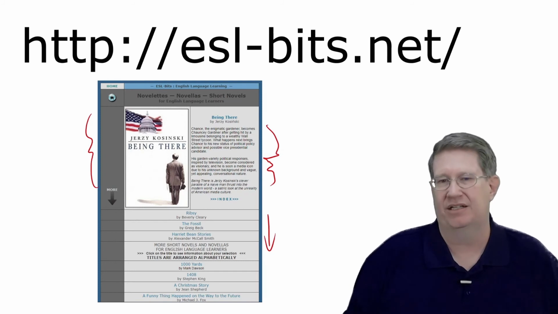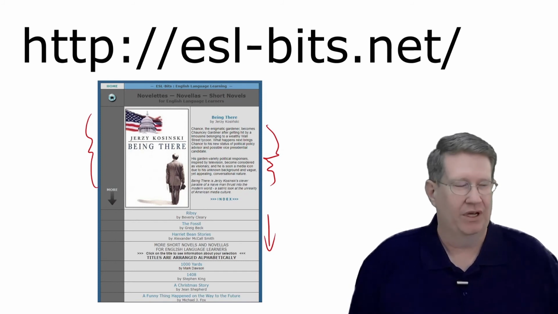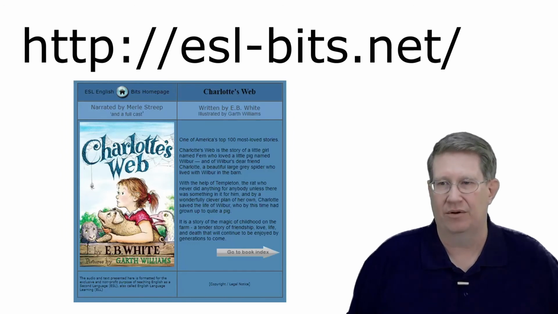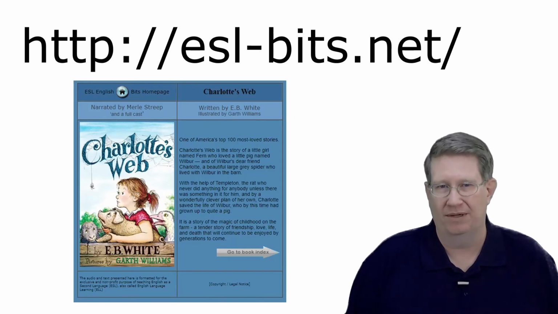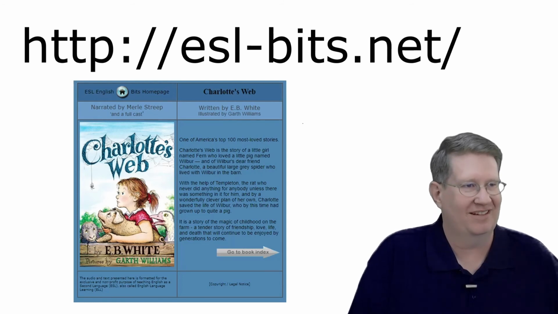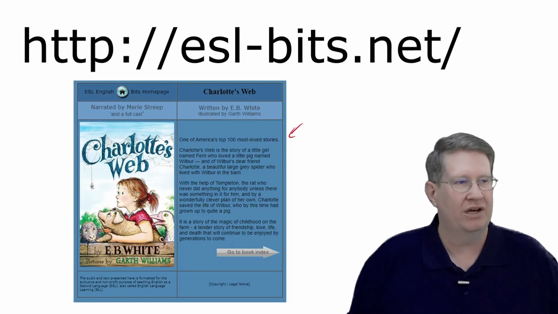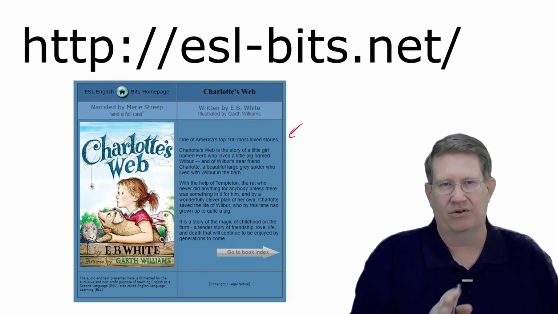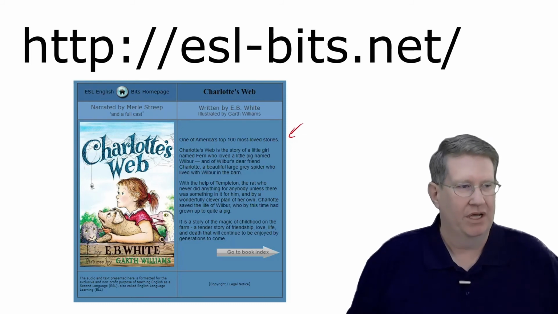So in that sense, it's very easy to find. So I went down and I clicked on one that I recognized, Charlotte's Web. Now we'll talk about this later, but the first line here is one of America's top 100 most loved stories. That matters. We'll get back to that in a minute.